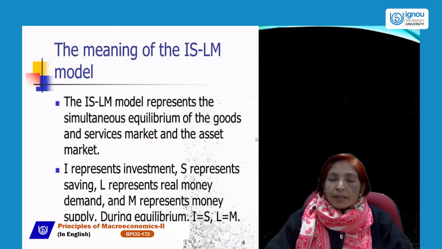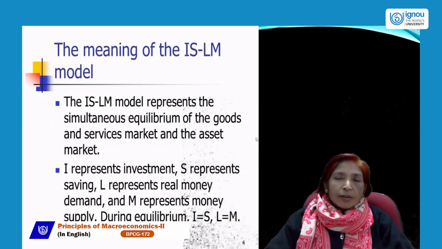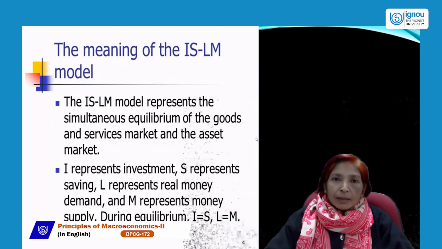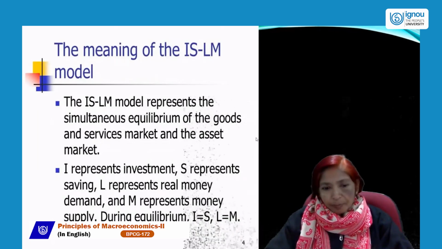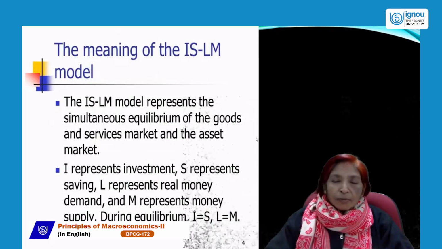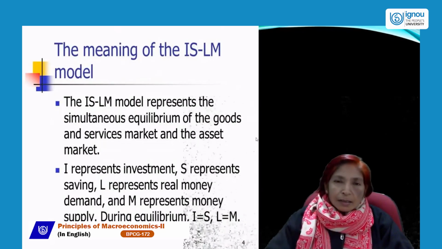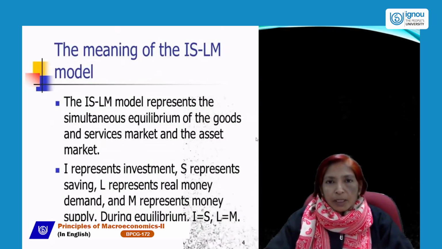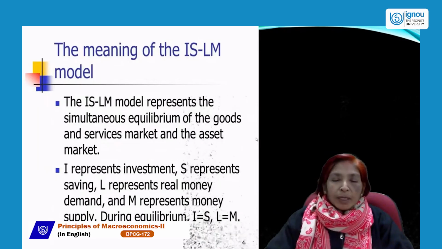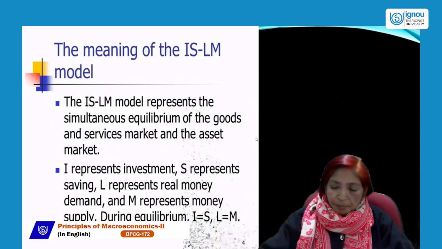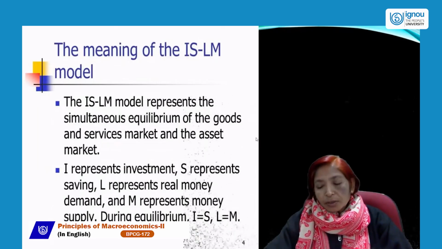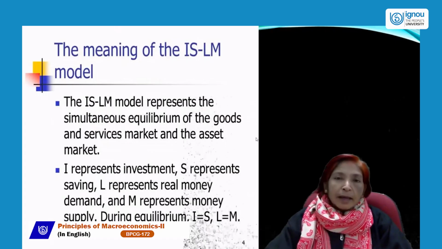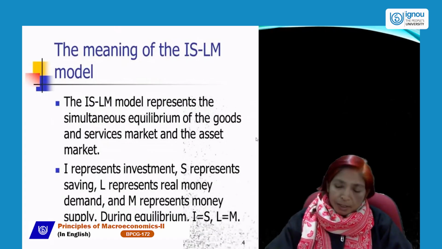Where both curves intersect each other, the rate of interest is determined at that point. So at the point of equilibrium, IS and LM will be in equilibrium position and the rate of interest will be determined at that equilibrium point.